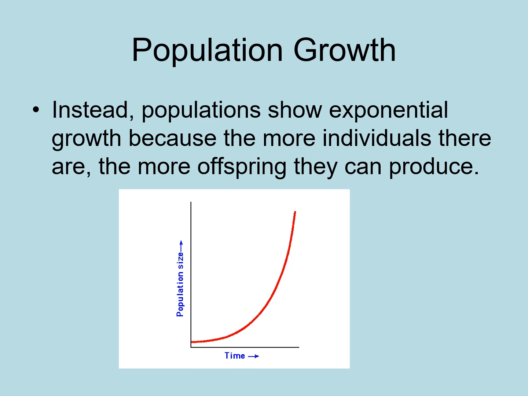So, we might start off with 2 people, they have offspring and now it's 4, and then those 4 have offspring, and it goes to 8, those 8 have offspring, and it goes to, who knows, 32. And so the numbers keep getting bigger and bigger. And so we can have this steady spike that goes up. And this is an example of what we call a J-shaped curve. When we see a curve like this in populations, it's going to mean a certain thing. And again, we're going to talk about that later in this video.